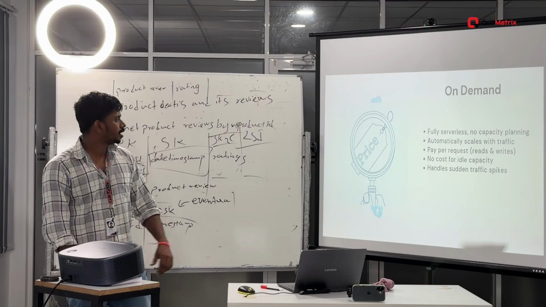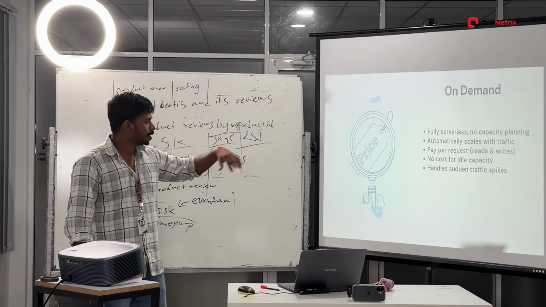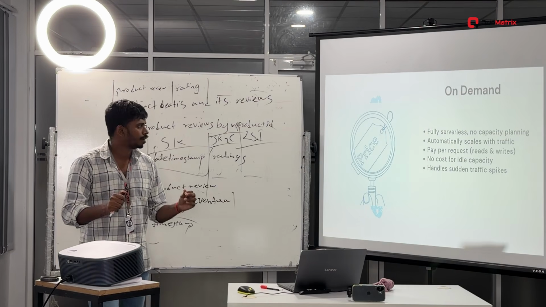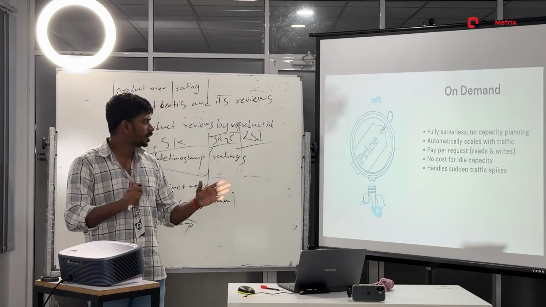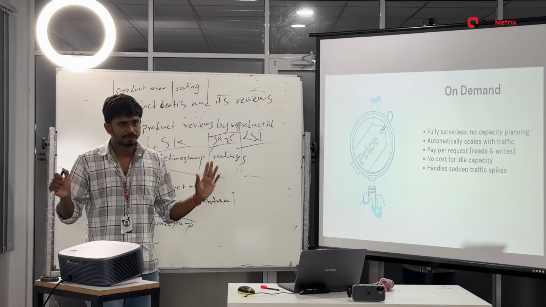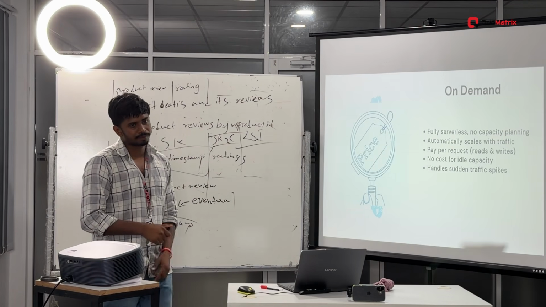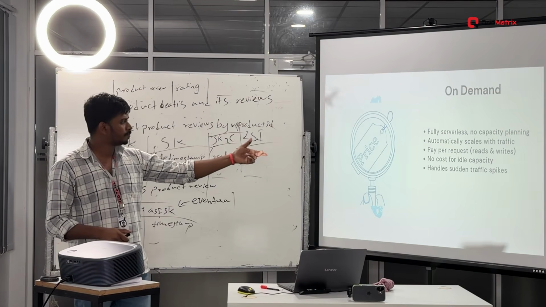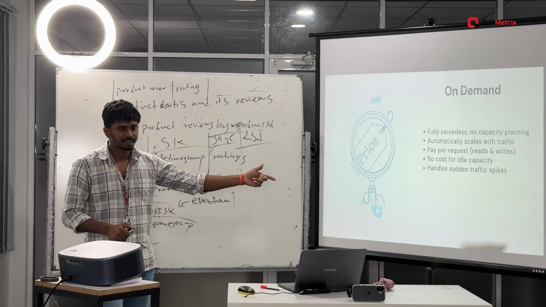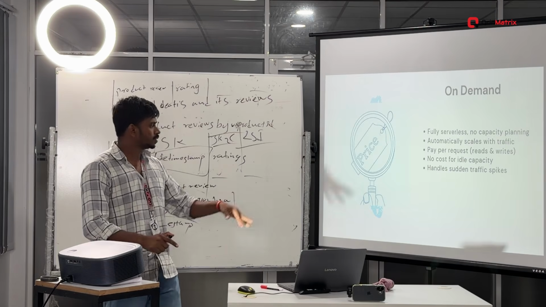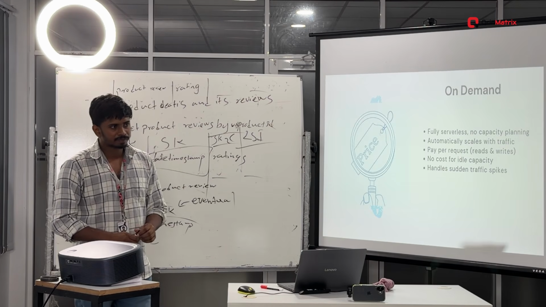So here, when you use on-demand, you are not defining any limitations. So it will automatically scale up. When you have sudden traffic or something, it will automatically scale up. And you pay for the requests and the storage. Storage is not very expensive. These reads and writes are the main thing here.